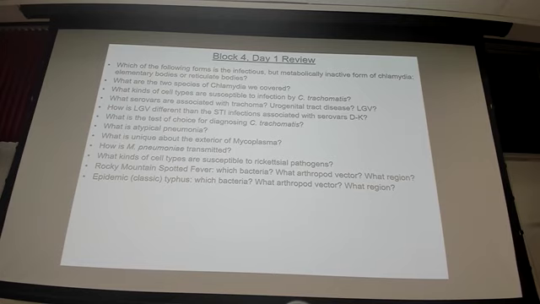Okay, sorry, let's try and squeeze this one out if we can. Epidemic typhus, and since it's epidemic, that kind of gives you a hint as to what vectors it: lice. And then what regions are affected?